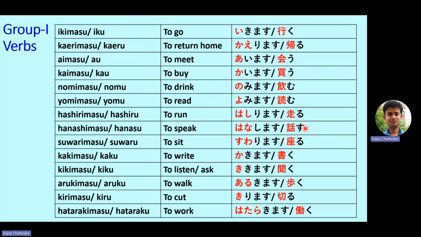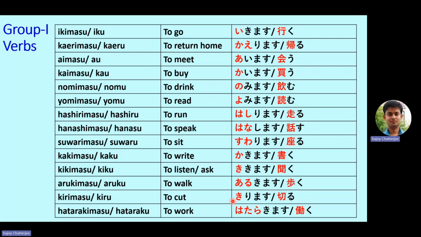Then we have suwarimas, which means to sit, comes from suwaru, and this is the kanji for that. And suwa is the part of the masu form which will be denoted by this kanji, and ru will become rimas. Kakimas, to write, kikimas, to listen or to ask, arukimas, to walk, aruku. Then we have kirimas or kiru, which means to cut.